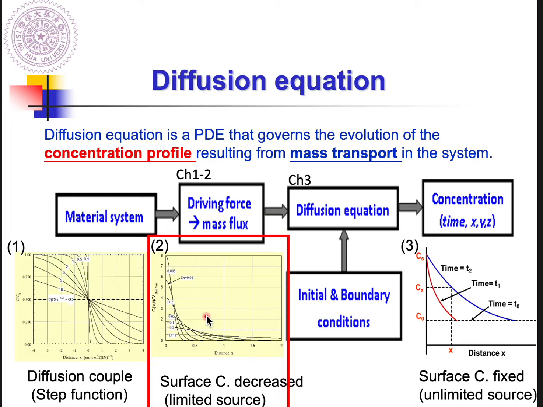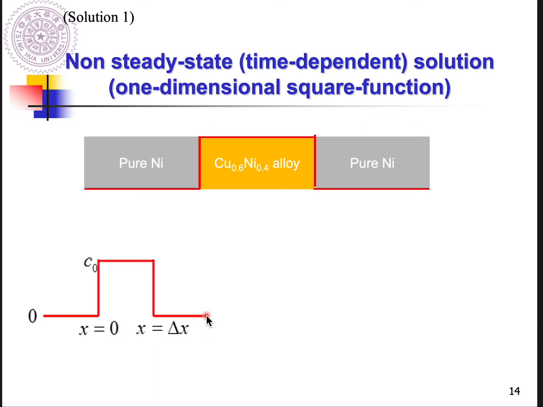How can we get the corresponding solutions or diffusion profile of these diffusing atoms? So we are going to start from this case, where we insert a thin layer of diffusing atoms into our matrix.